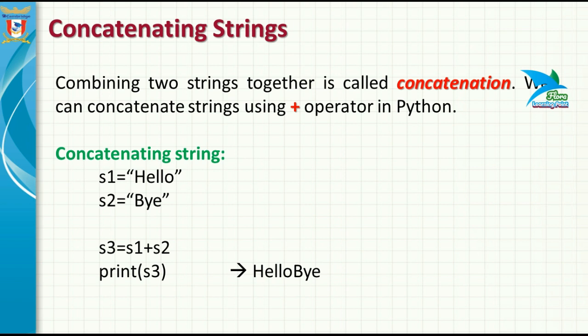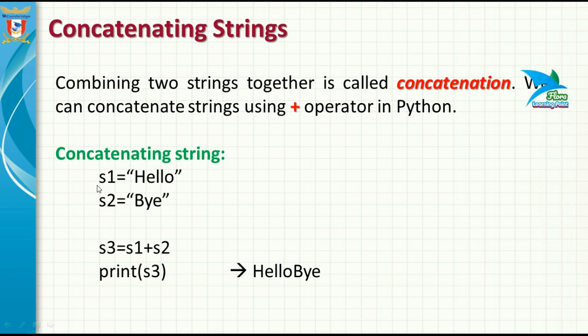So in Python, if you use the plus operator with numbers, then it will work as an arithmetic operator, and if you use the plus operator with strings, then it will work as a concatenation operator. So here we have an example of how we can concatenate two strings.